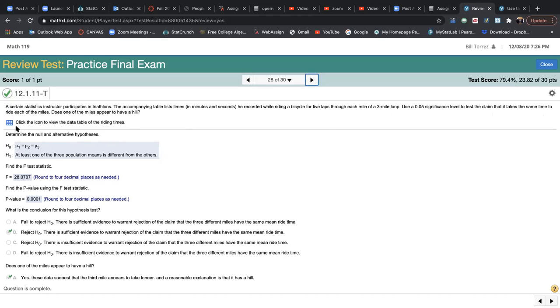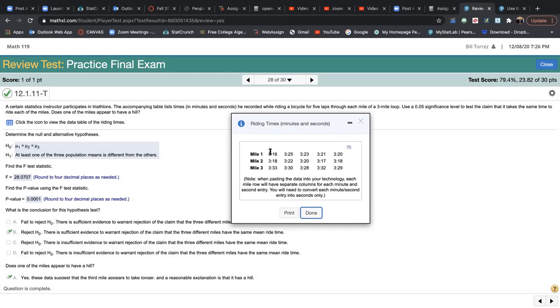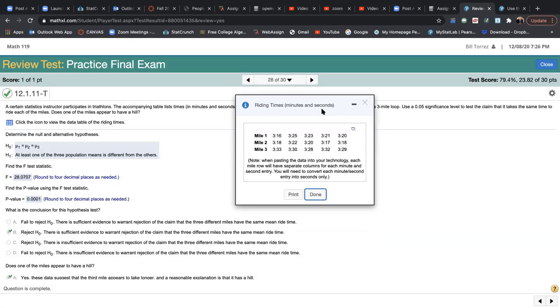Okay, let's look at the data. I believe it's the same data from the worksheet. Let's set up the null and the alternative. Remember, for ANOVA, the null is always that the means across the different populations are the same, and the alternative is that at least one of the 3 population means is different from the others.